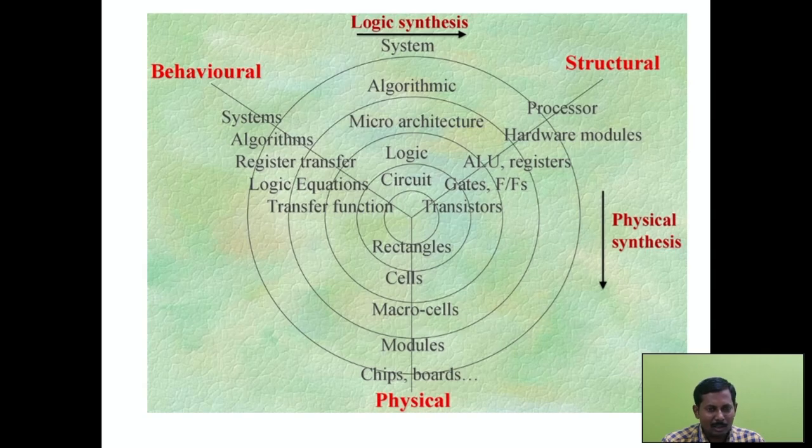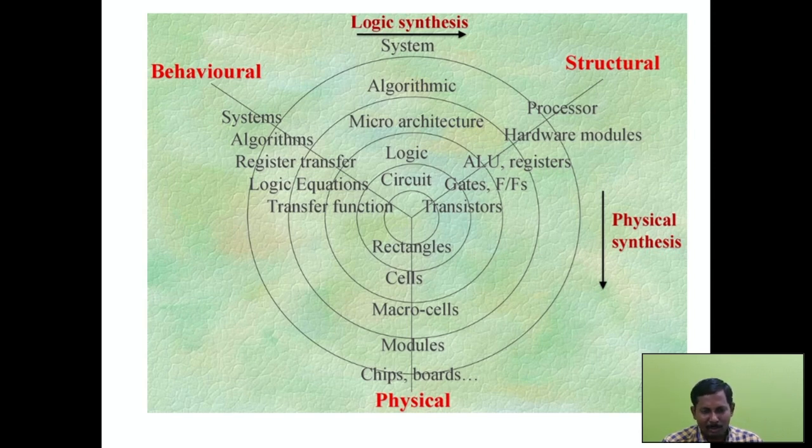So this is the overall structure. It consists of behavioral, structural and physical. In the behavioral domain, we define how the system behaves with respect to inputs, with respect to the clock signal and with respect to the environmental conditions.